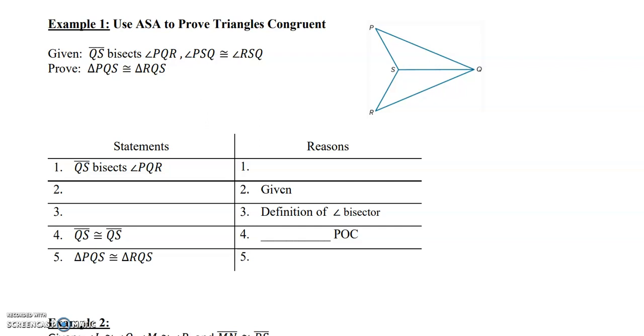So we're going to mark our picture with what's given on this first one, that QS bisects PQR. And so we are given that information. We are also given that angle PSQ is congruent to angle RSQ.